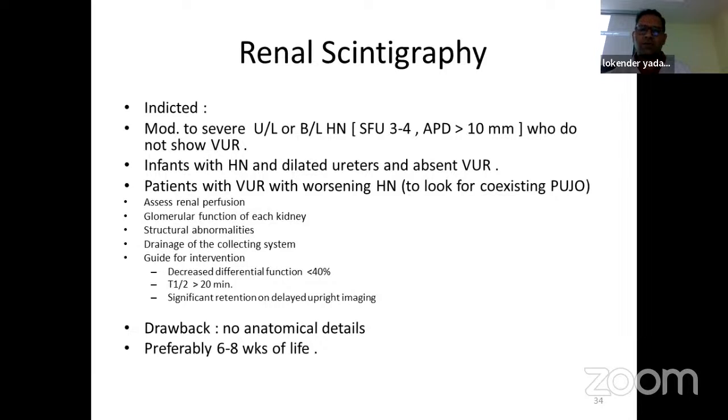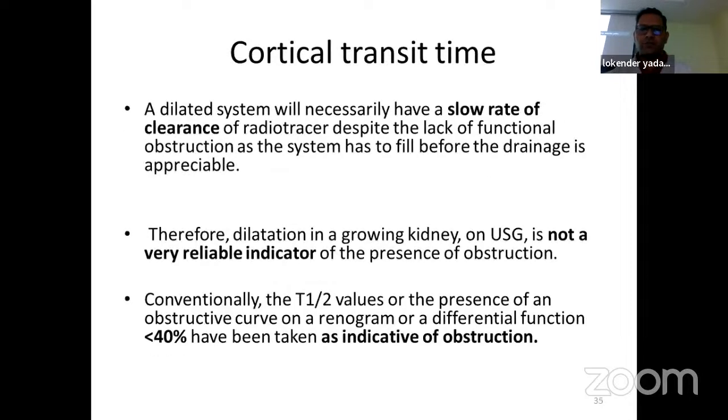If there are any structural abnormalities and the drainage of the collecting system is seen, it is used as a guide for intervention when there is a decreased differential function of less than 40%, the T-half is more than 20 minutes, and there is significant retention on delayed imaging. The drawback of renal scintigraphy is that it does not provide any anatomical details of the system, and it is preferably done at 6 to 8 weeks of life.